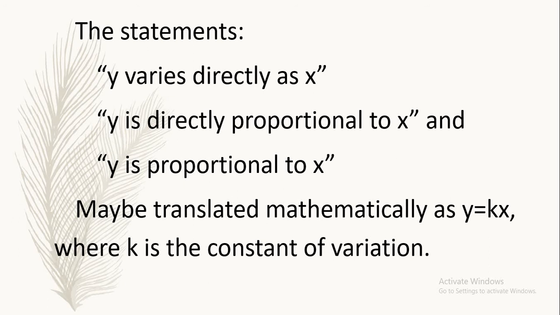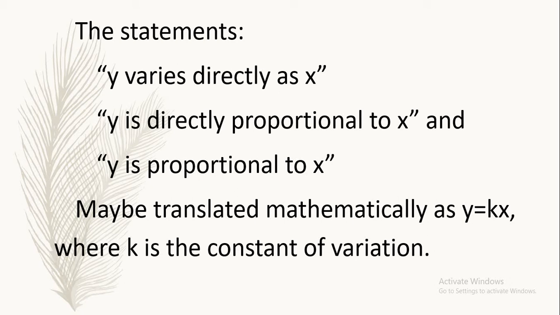The statements "y varies directly as x," or "y is directly proportional to x," and "y is proportional to x" may be translated mathematically as y is equal to kx, where k is the constant of variation.